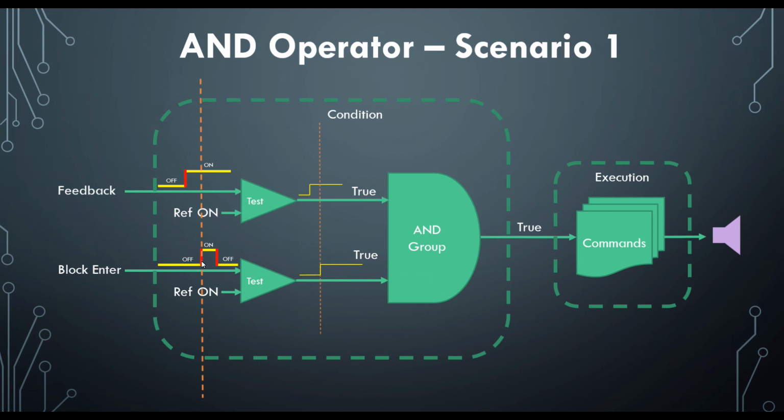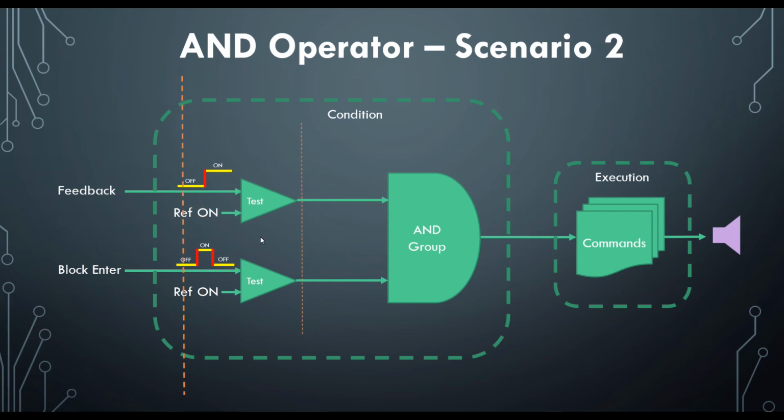So in this example, this block enter event was the trigger that started the chain of events ending in the sound file being played. So iTrain used this event here as the trigger, and here it was using the state of the feedback.